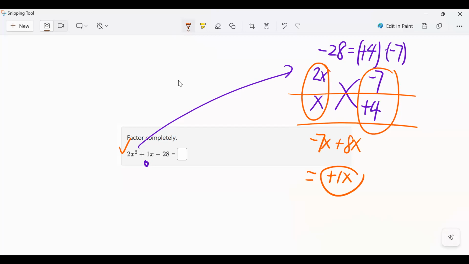But for most of you, if you just learn the method, it'll take a little while to get used to all the different factorings and to become effective at this. So just be patient. You'll get there once you get some practice. And so the factors will be 2x minus 7, x plus 4. So the answer is 2x minus 7.